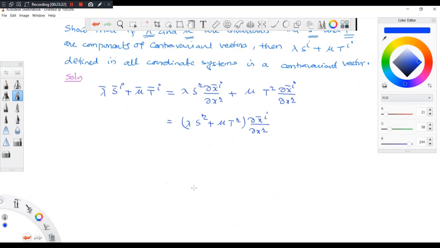Okay, so what does it mean? You see this, and this too. So it transforms like a tensor.